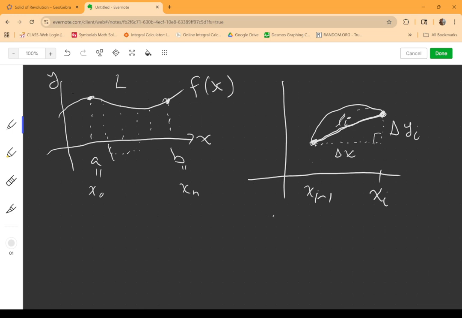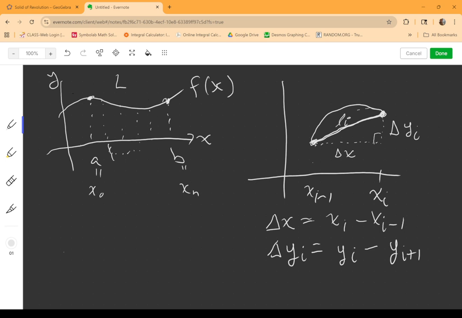The value of delta x would be x sub i minus x sub i minus 1, and the value of delta y sub i would be y sub i minus y sub i minus 1. Now to calculate L sub i is just applying the Pythagorean formula.